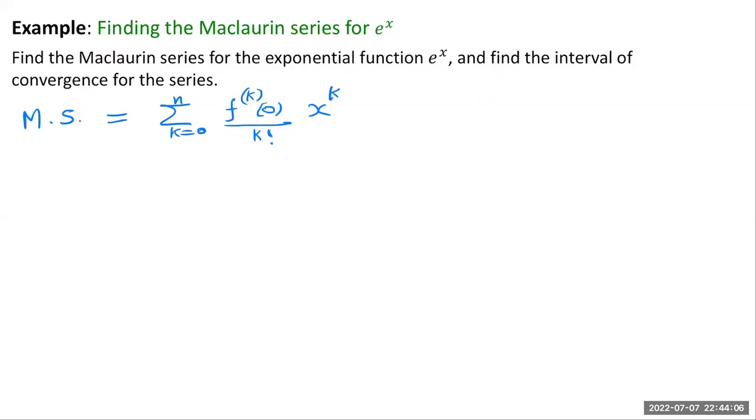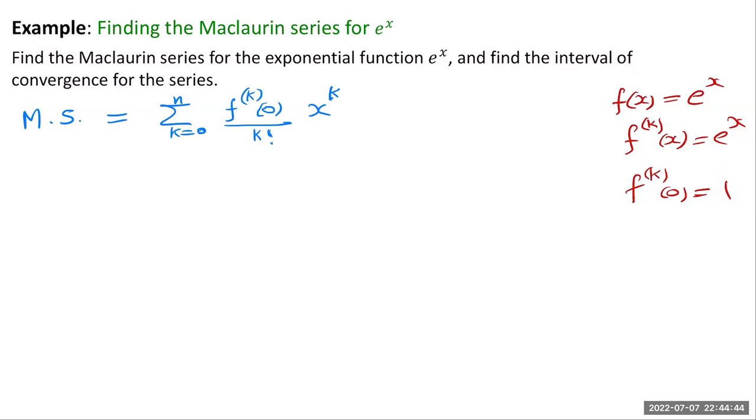Next, I want to work on this example. Find the Maclaurin series for the exponential function e to the power x, and find the interval of convergence for the series. First of all, recall that we are dealing with f of x equals e to the power x. That means any derivative f^(k) of x is again e to the power x itself. That means f^(k) of 0 is equal to 1, because if you plug in x equals 0, you get e to the power 0, which is 1.